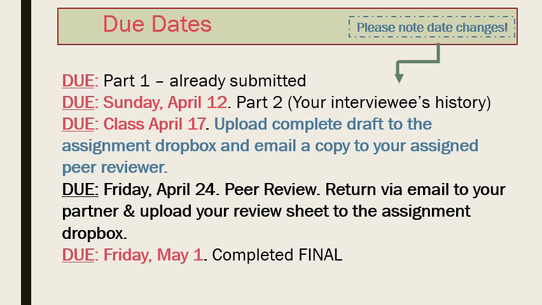You might want to share it with somebody that you know that you think could also provide you additional feedback. So keep working on it. Once you get your peer feedback back and my feedback, then tweak it for the final draft and then upload it on May 1st. If you have any questions on this assignment, please contact me, and happy writing.